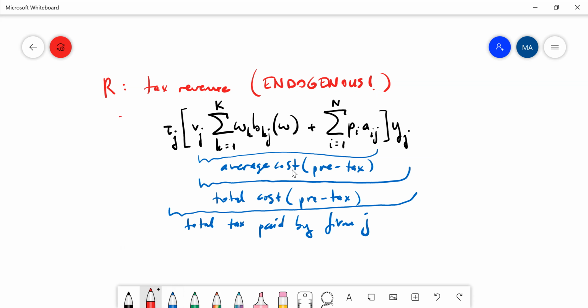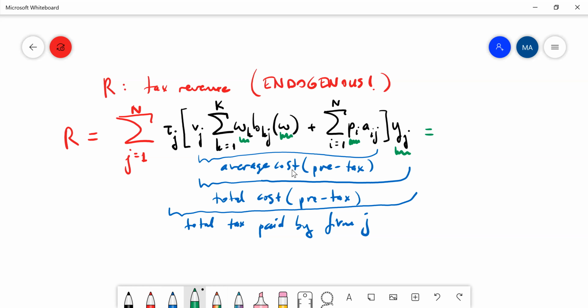But then in the economy, there are N firms. So I take the summation. So this becomes your revenue. Okay? So you should be careful with that. And now you understand that it is endogenous, right? Why? It is endogenous because it depends on three things. It depends on factor prices, it depends on product prices, and it depends on the output levels.